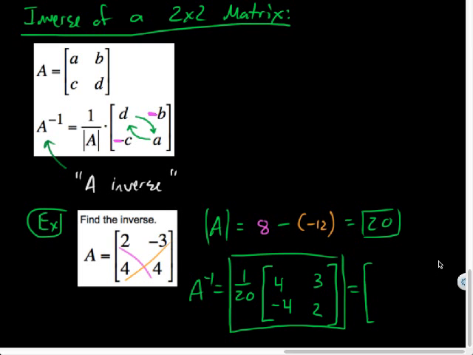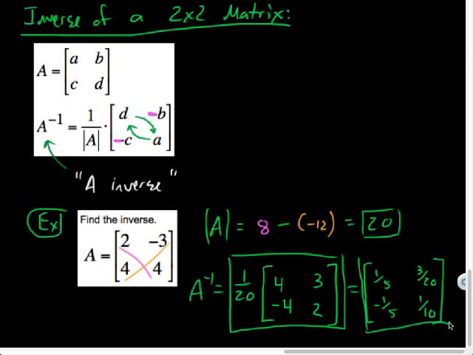Most of the time there's not necessarily any benefit to that. But I could distribute 1/20 to all of these. So 4 over 20 reduces to 1/5. Then I'd have 3/20, then -1/5, and 1/10.